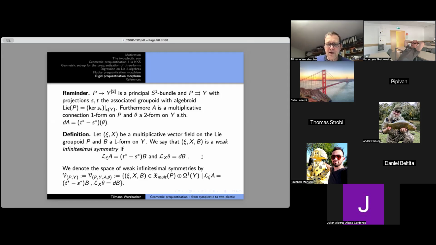But here you don't find 0, you find a correction term B. Okay? And this we call a weak symmetry.